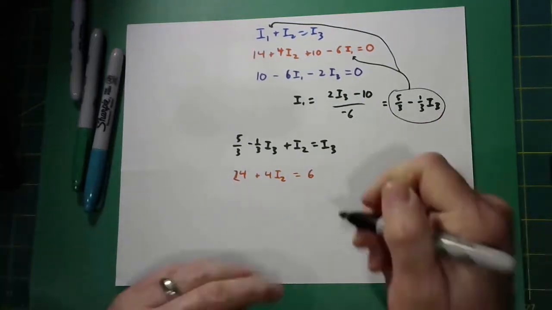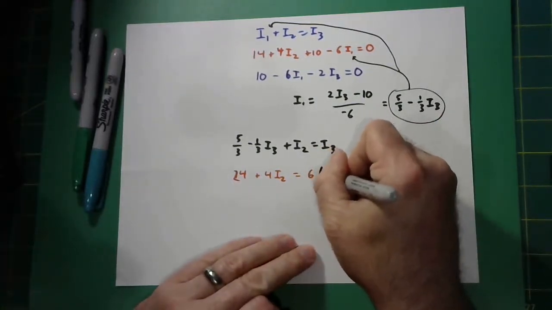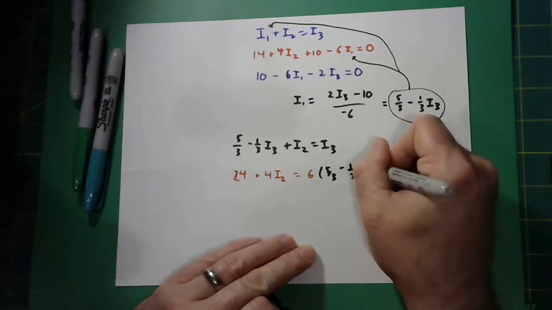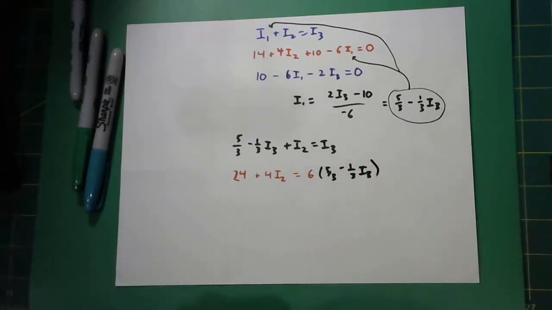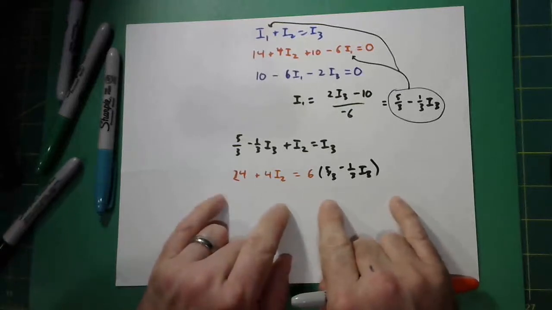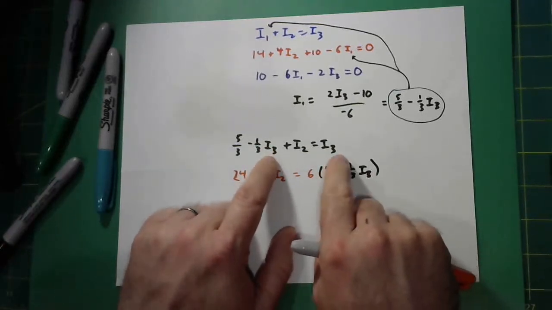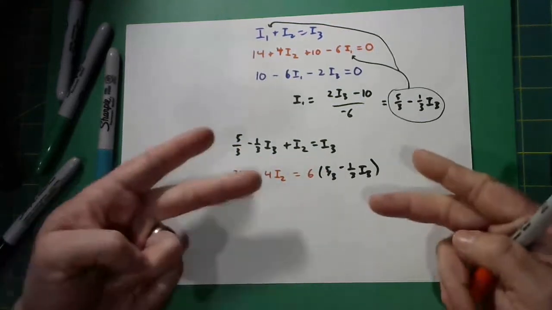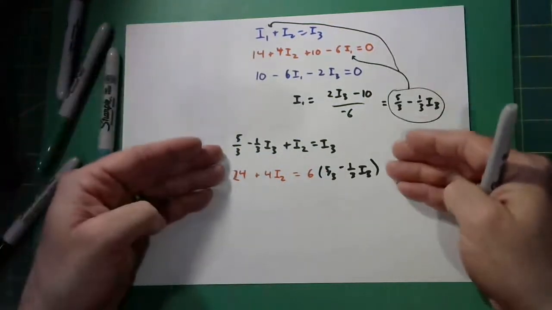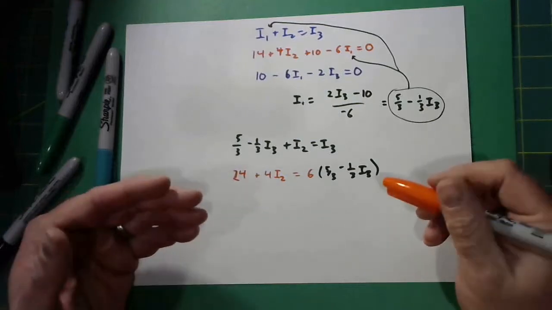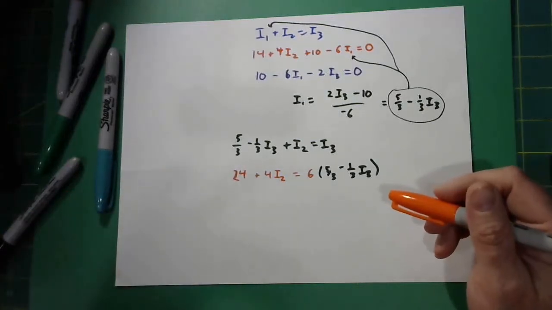So that's going to be 5/3 minus 1/3 I3. So I've got another equation that has just I2s and I3s in it. I had three equations, three unknowns. Now I'm down to two equations with two unknowns. We can go ahead and get rid of a variable. Let's get rid of I2.